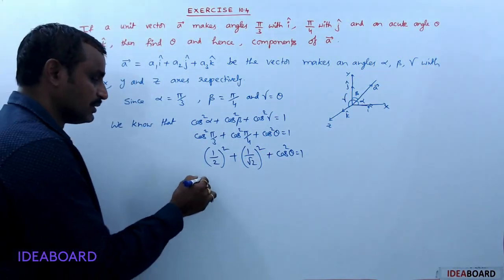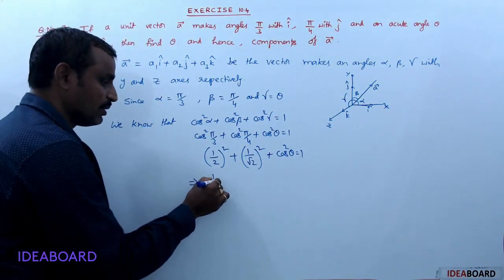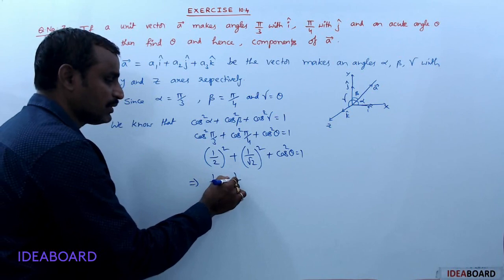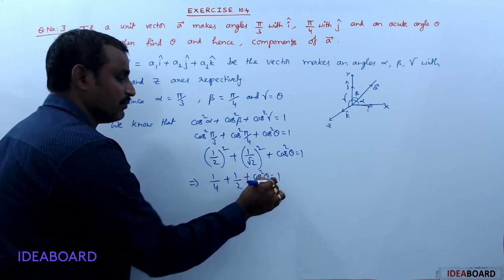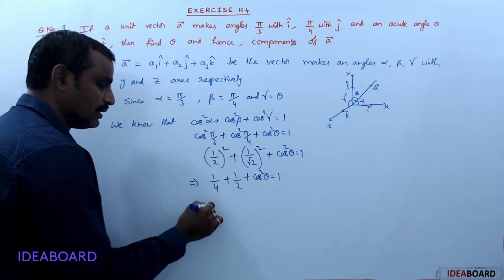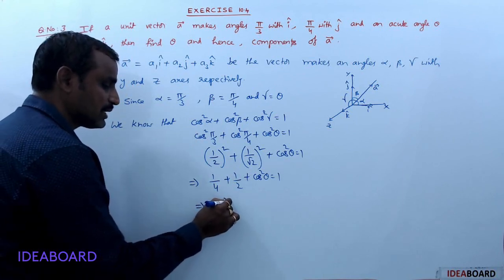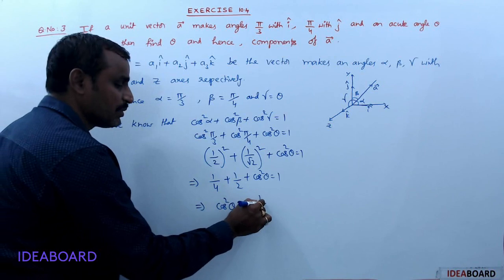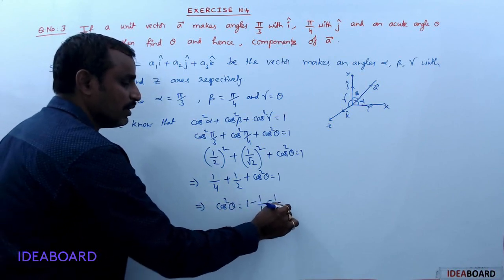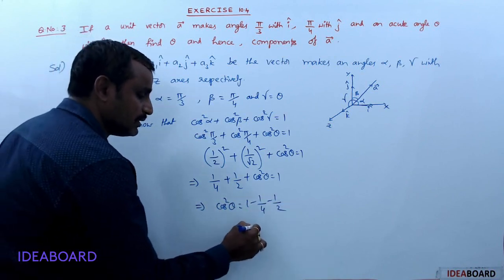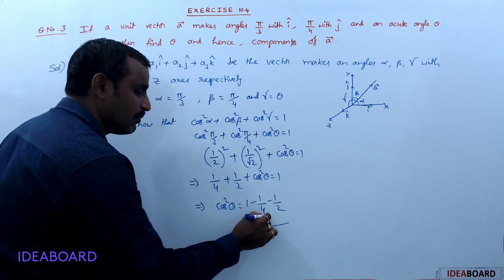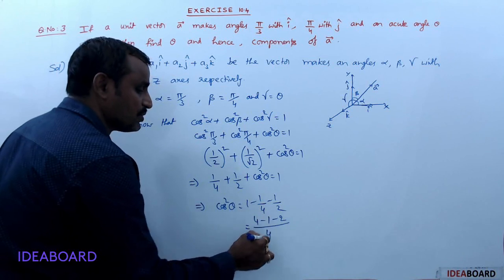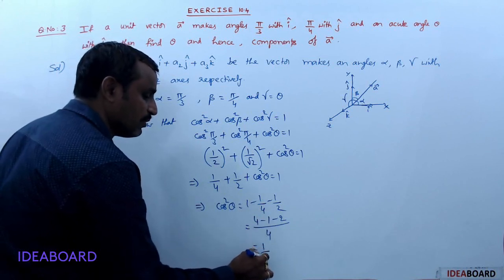Simplify this: 1 by 4 plus 1 by 2 plus cos square theta is equal to 1. So cos square theta is equal to 1 minus 1 by 4 minus 1 by 2. Taking LCM, 4 is the LCM, so this is 4 minus 1 minus 2 by 4, which is 1 by 4.